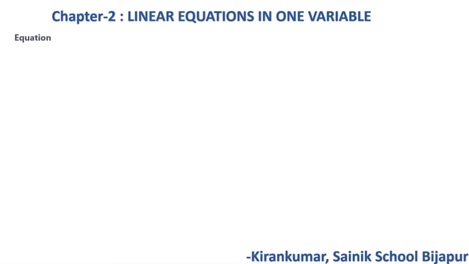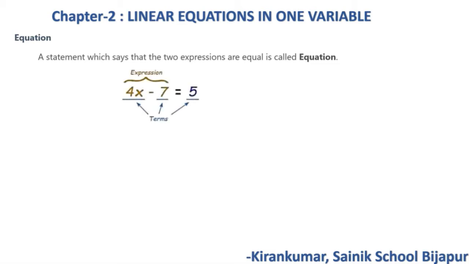What is an equation? A statement which says that the two expressions are equal is called equation. In other words, I can say that it is a mathematical statement having the sign of equality. Here when I consider 4x minus 7 equal to 5, 4x minus 7 is an expression, and here there are three terms. 4x is one term, 7 is another term, 5 is the third term.